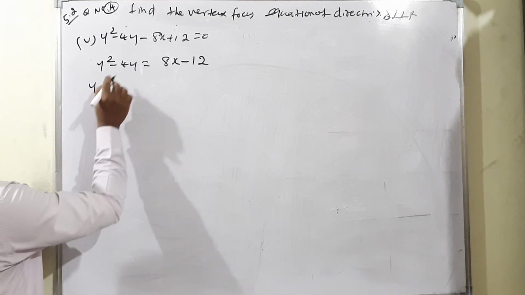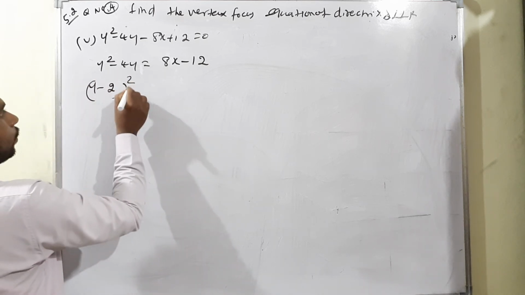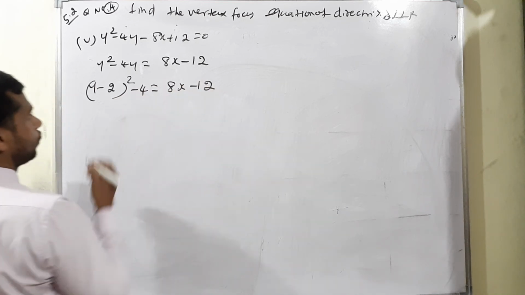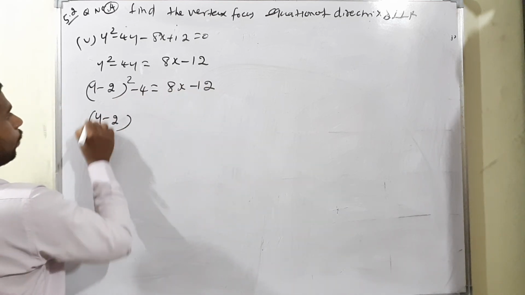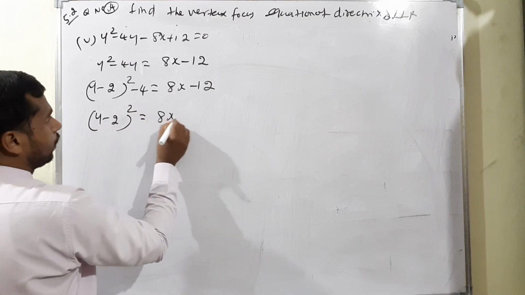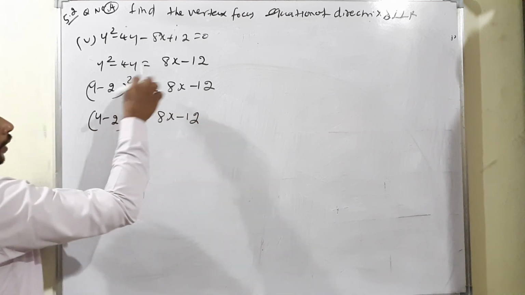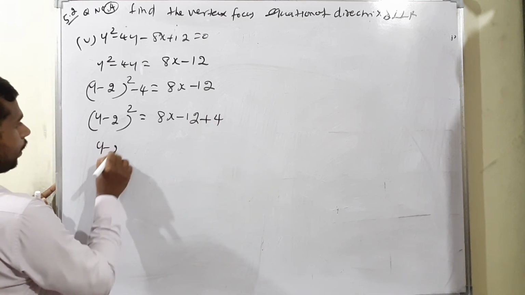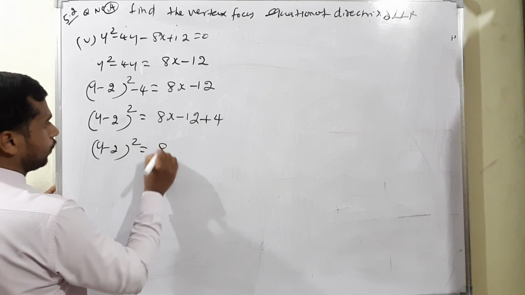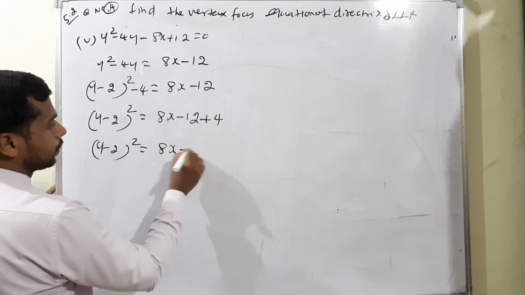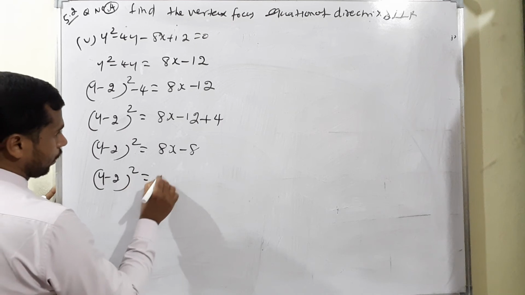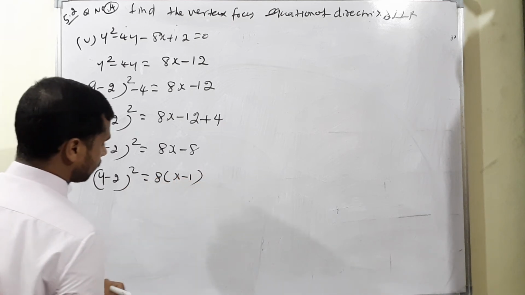Now completing the square, half of 4 means y minus 2 the whole square minus 4 is equal to positive 8x minus 12. Again y minus 2 the whole square is equal to 8x minus 12, minus 4 bring to the opposite side means positive 4. Again y minus 2 the whole square is equal to minus 12 plus 4 means minus 8. Again y minus 2 the whole square is equal to 8 into x minus 1.